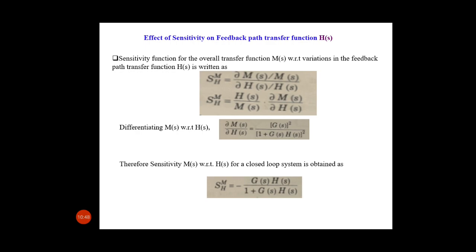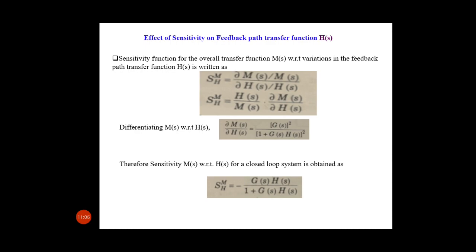We know the overall transfer function M(s) for a closed loop control system with negative feedback is G(s) divided by 1 plus G(s)H(s).